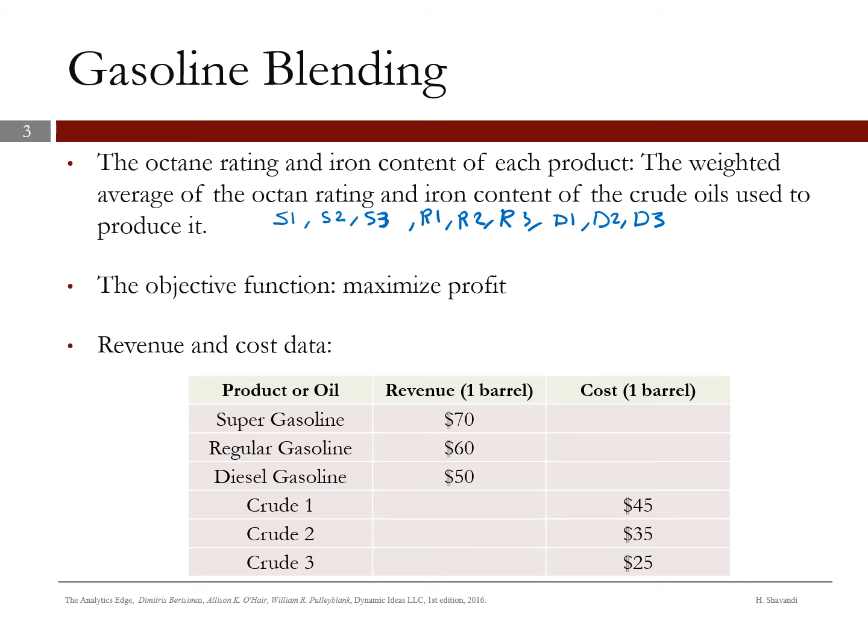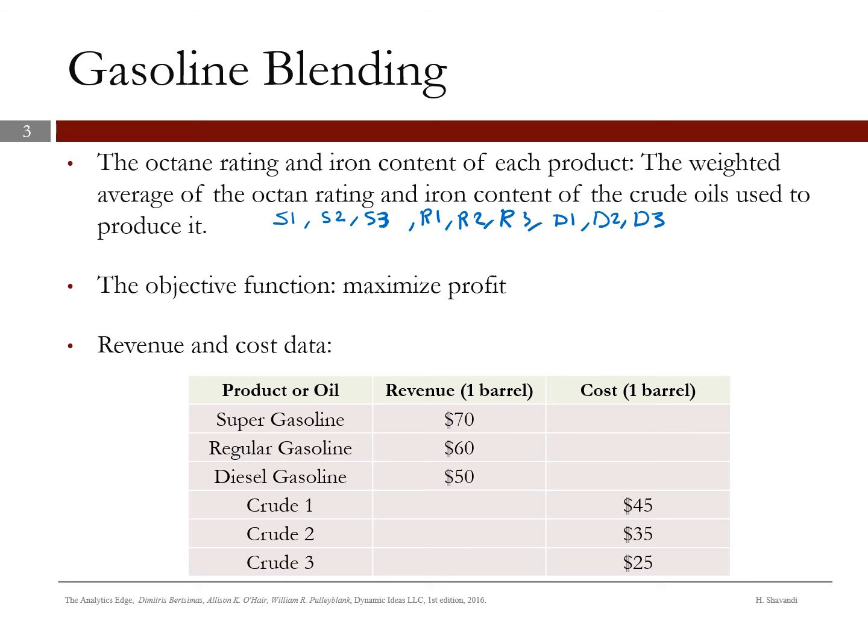The octane rating of produced gasoline would be the weighted average of octane rating and iron content of the crude oils that have been used to produce that product. For example, for super gasoline, if we are using all three types, the octane rating of crude oil 1 is 12.